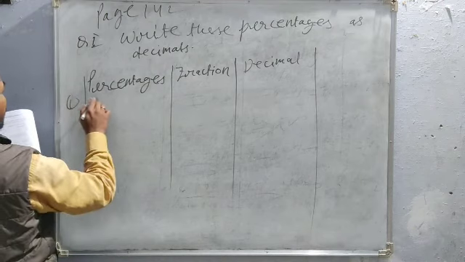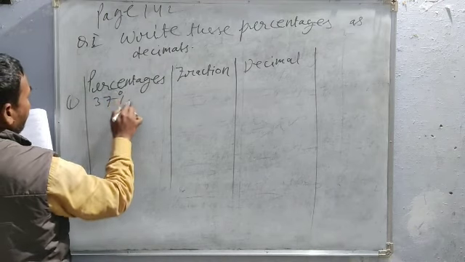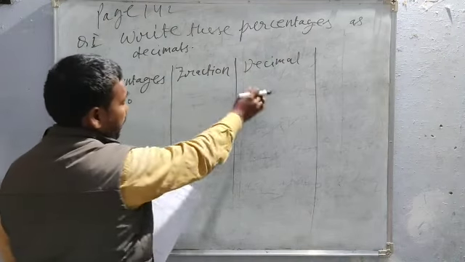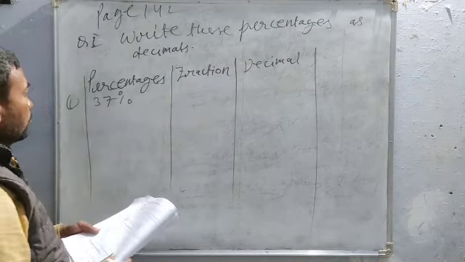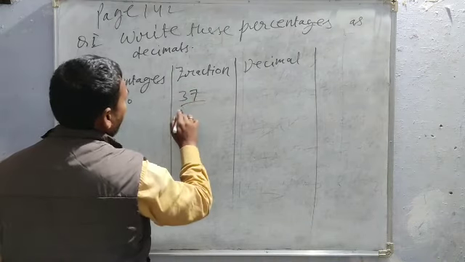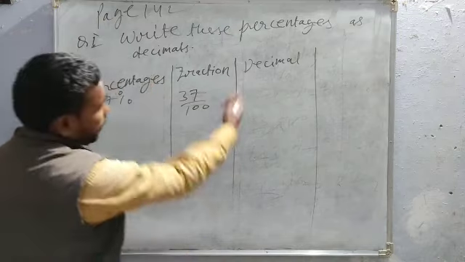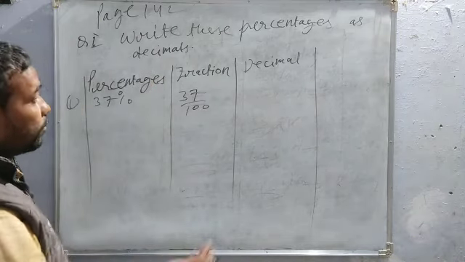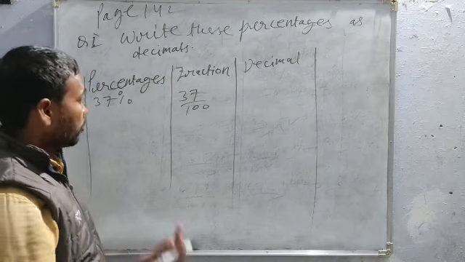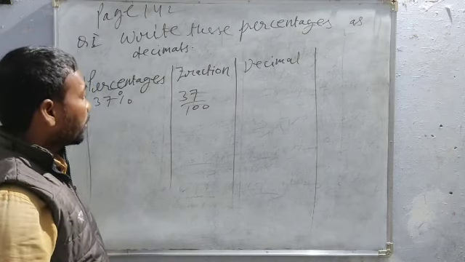In the first question, 37 percent is given. We are asked to convert this percentage into a fraction as well as a decimal. So you know it, 37 by 100. Here again it asks to convert it into decimal. You know, if a number is divided by 10, 100, 1000 and so on, it can easily be converted into decimal.